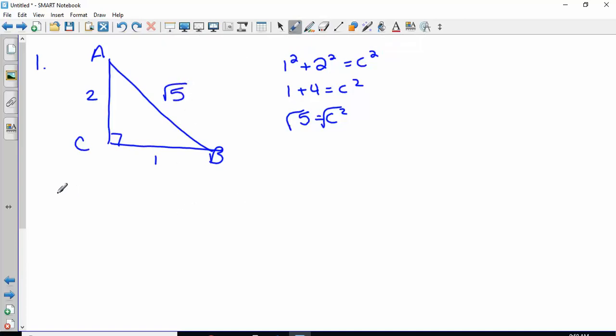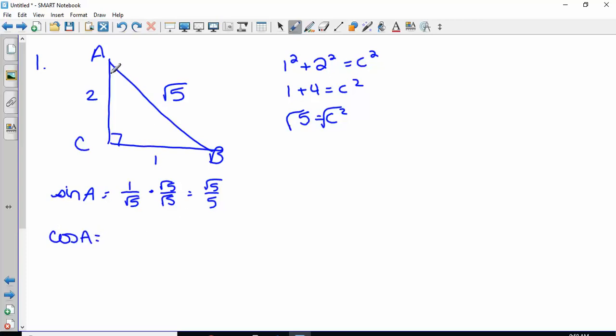Alright, so sine of A. From angle A, remember SOHCAHTOA, sine is opposite over hypotenuse. Can't leave the radical on the bottom. So we get radical 5 over 5.